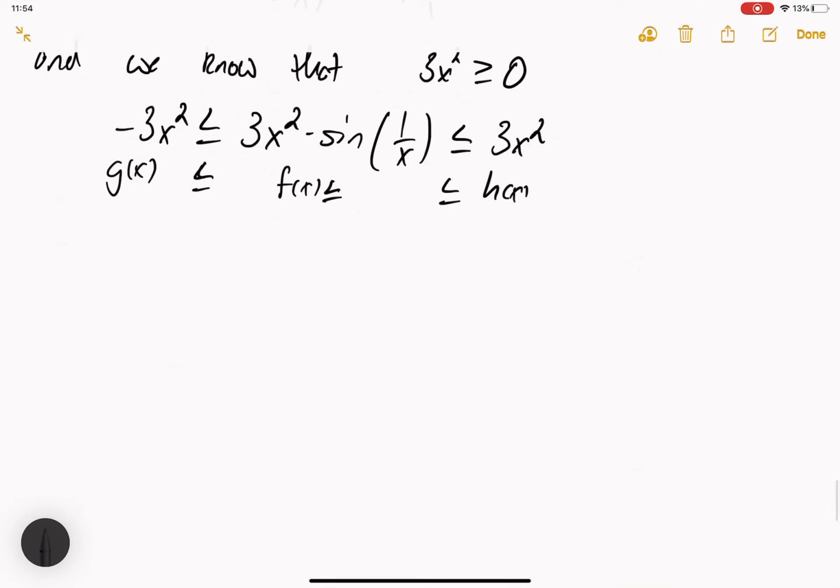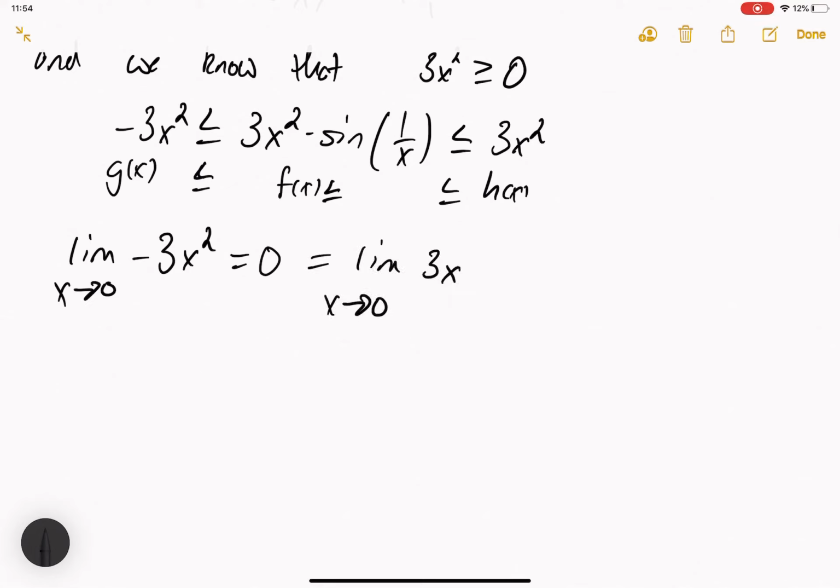So we note that the limit as x goes to 0 of -3x squared is equal to 0. That's also equal to the limit as x goes to 0 of 3x squared.